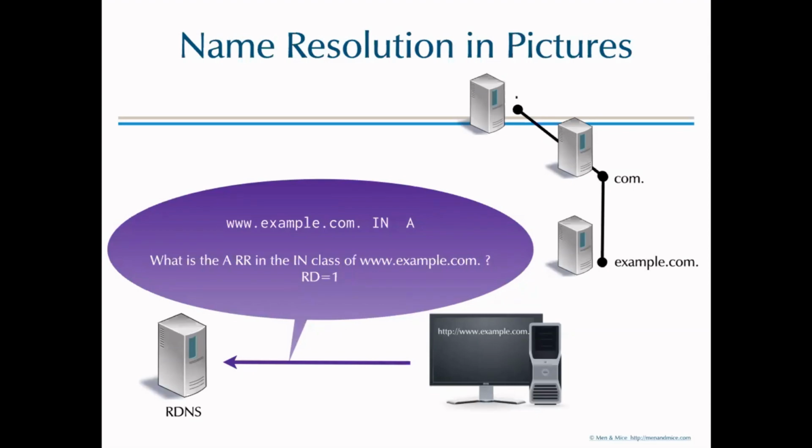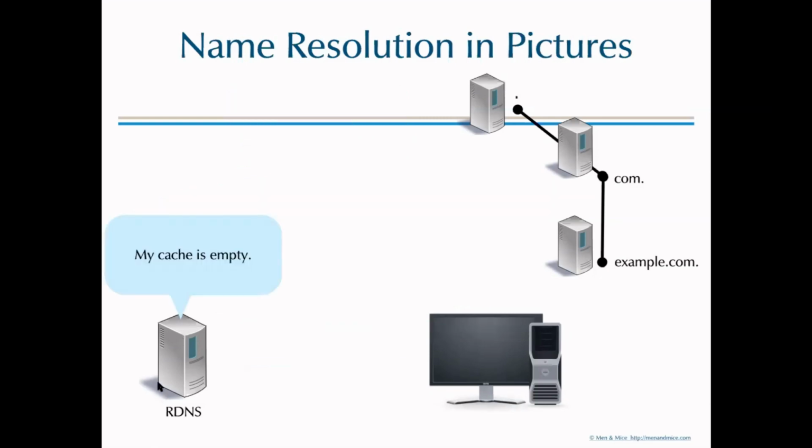Okay. Now, before we go on, I do want to say what I skipped on the previous slide. This RDNS server has an empty cache. An empty cache means he knows nothing. Yeah, it's a little like me. An empty cache means he has no idea what's going on in the world. Is that realistic?